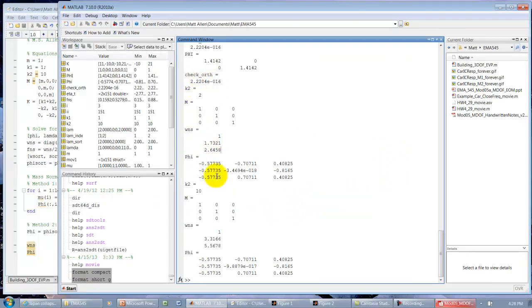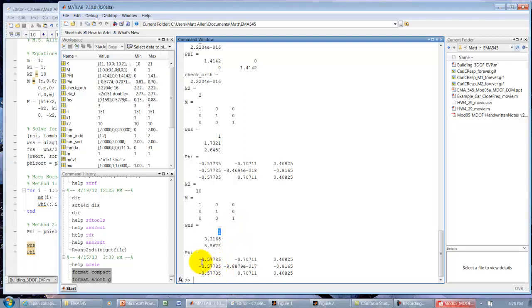So here's what we had before. Here's our new answer. The mass matrix was unchanged, but we changed the stiffness matrix. And if you compare the natural frequencies, the first natural frequency didn't change at all. Ask yourself, why did that happen? Why don't you pause the video and see if you can think about why that happened. Okay, you've come back.